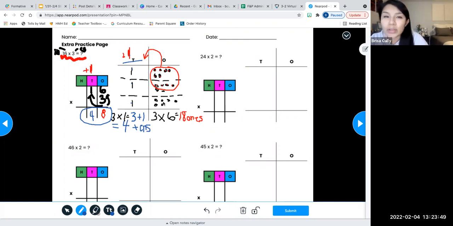I can do 1 more, but I'm also going to let some of you go. I'll open up the Go Formative assignment because I know some of you are like, I'm ready to try. I've got this. Miss Cully, I gotta go try by myself. So I will do 1 more, but give me a moment. Let me open up the assignment for some of you.